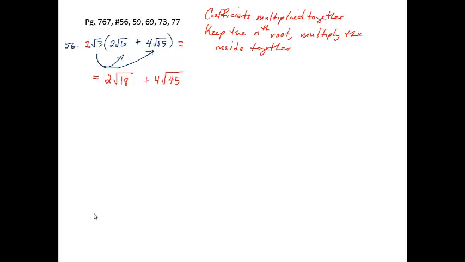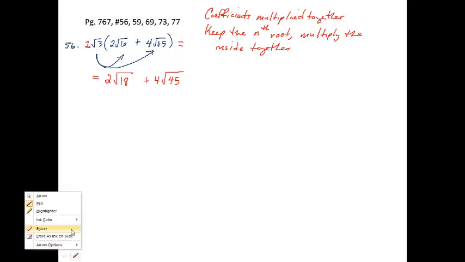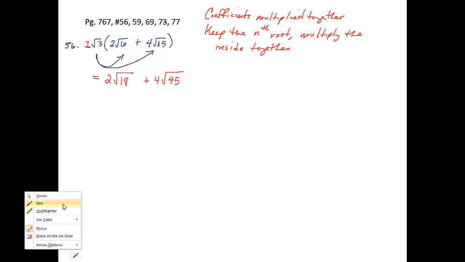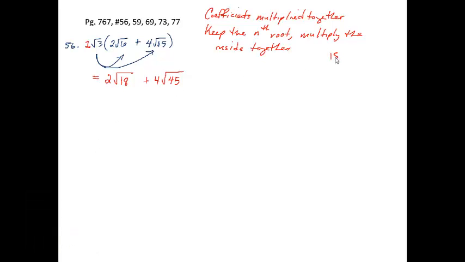Okay? Then our last step is to simplify. You always want to simplify. So, how do we break down 18? Well, it's 9 times 2, and 9 is 3 times 3. So 18 is the same as saying 3 squared times 2. And since this is a square root, we're interested in powers of 2.